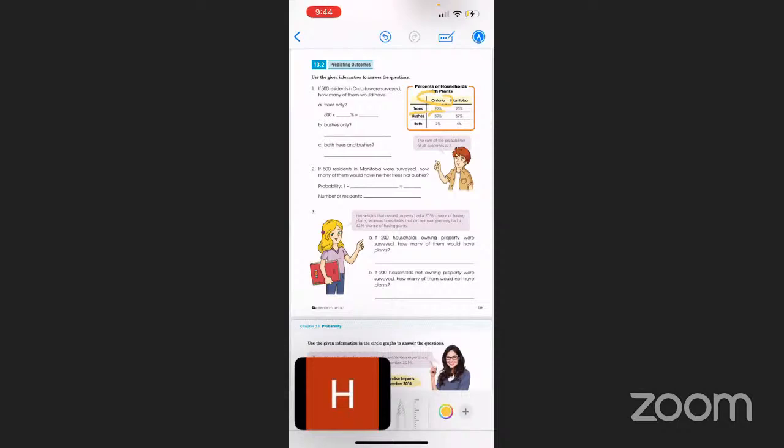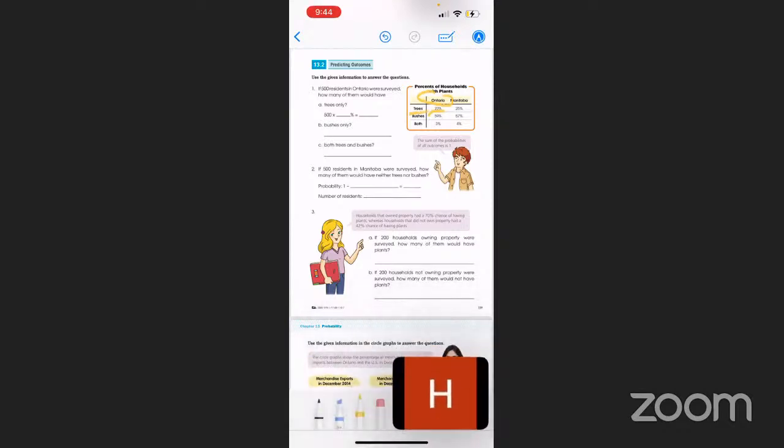Okay. So what is the percentage for Ontario that have trees only? Only trees? Yes, 22%. So 22% is what we have to basically multiply by 500 to find the amount of people in Ontario that are using trees.